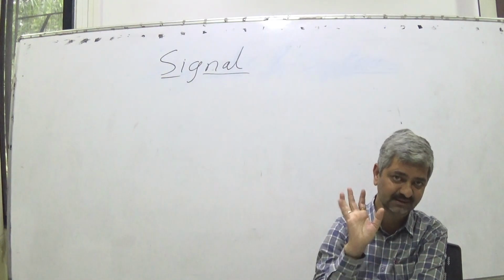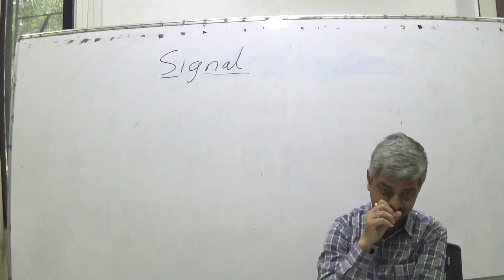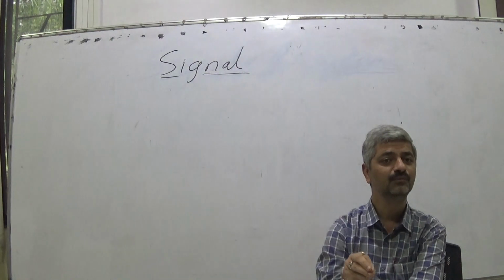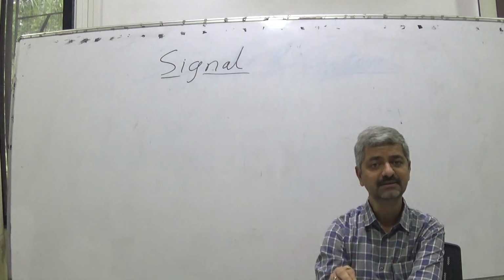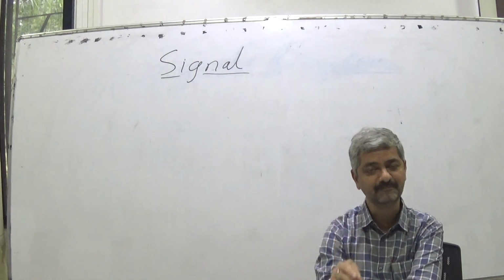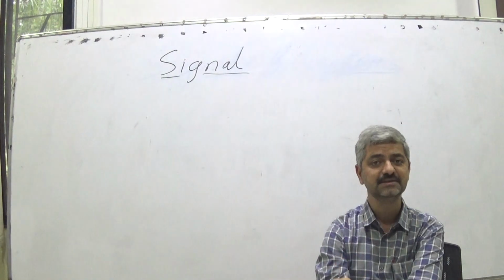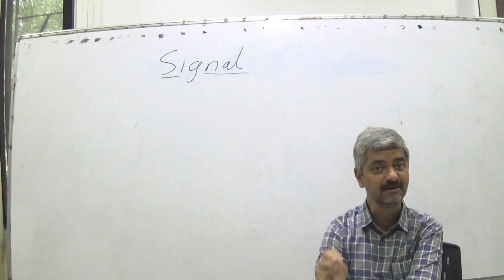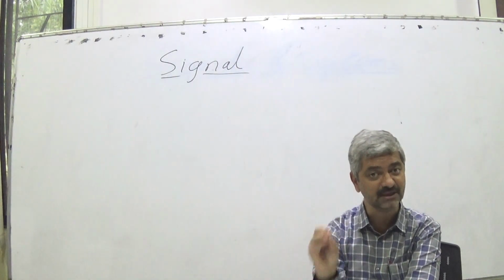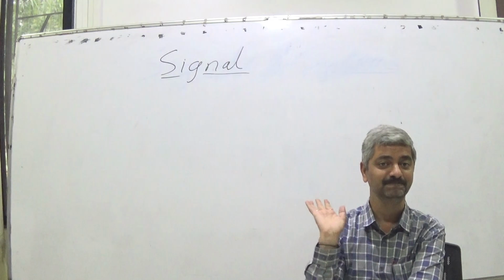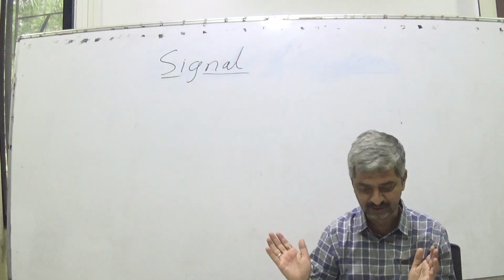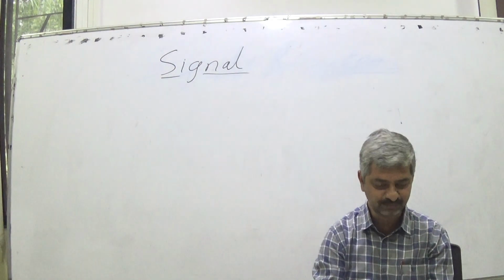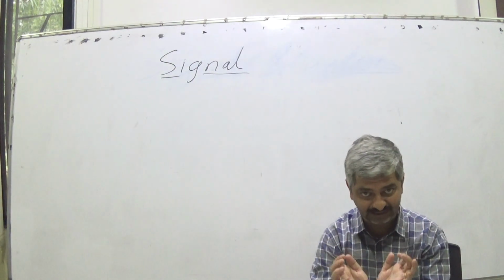So what is a signal, to be very precise and practical? It is the mapping of one variable, which is some physical phenomenon, with time. I am narrowing down the definition of a signal to make it very practical.